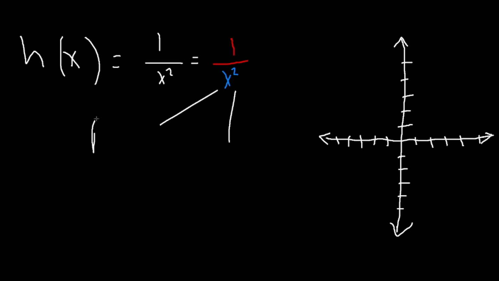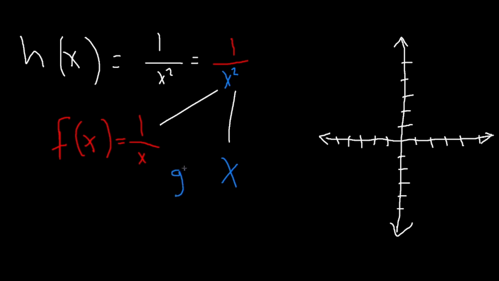All right, so first thing we're going to do is we're going to separate this into two functions. F of x, which is going to be our outside function, let me do it red, is going to equal 1 over x, so that's our outside function. Let me redo that x, it's kind of sloppy. There we go. And then our inside function is going to be x squared.